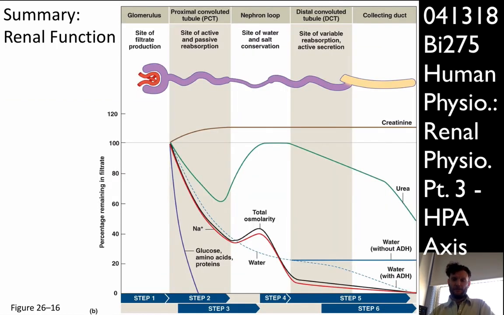So let's begin to look at, along the top I've stretched out a nephron here in all the different sections of the nephron, and below it I just have a normalized graph of all of the different waste products that you can find in the urine, or in the tubular fluid, the nascent urine. And you'll notice an important one here is that creatinine is actively excreted into the urine at the PCT.